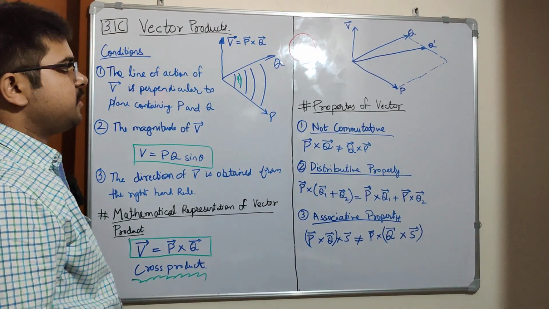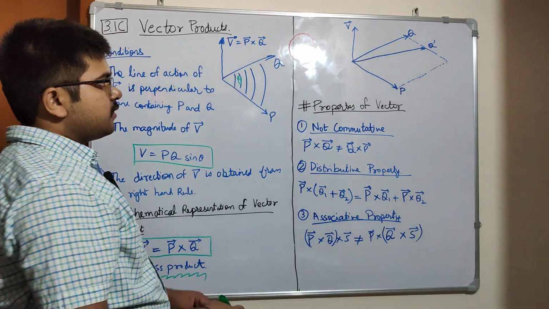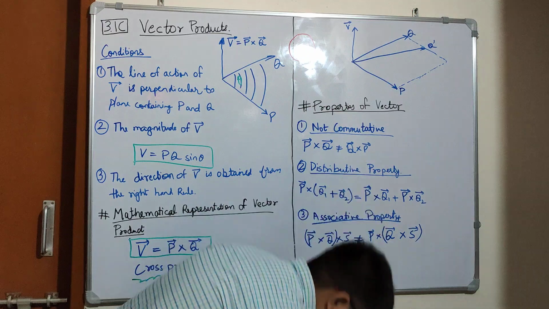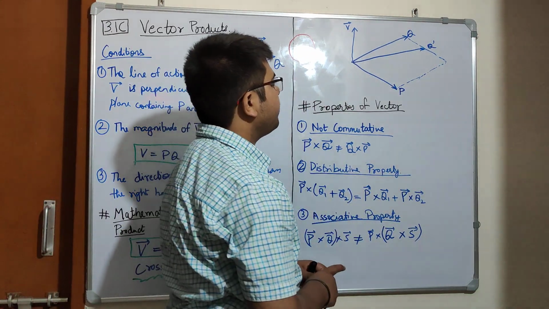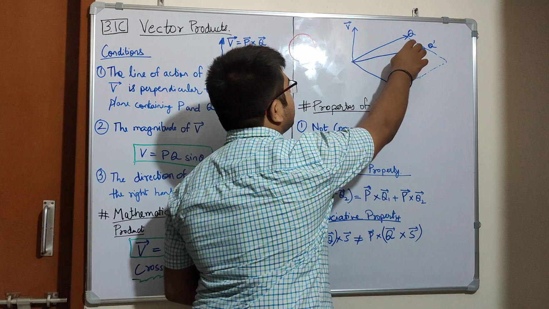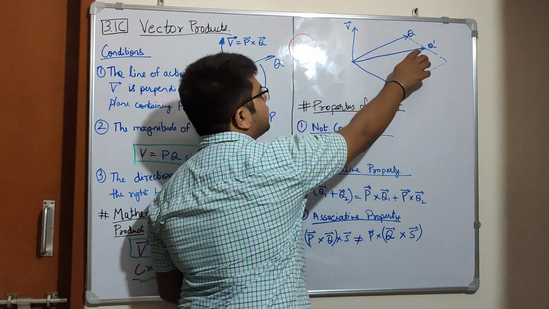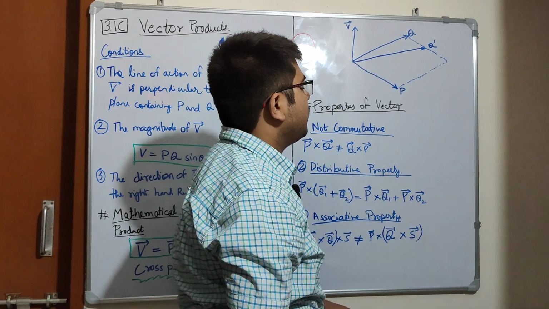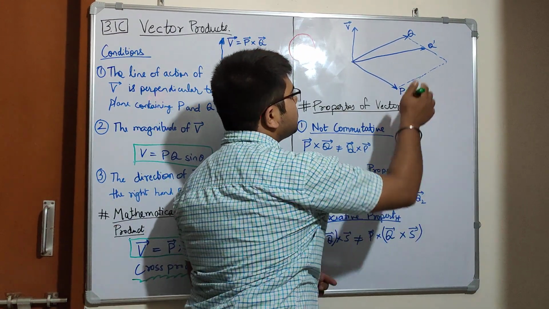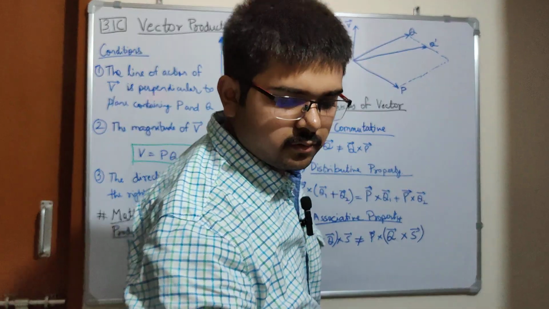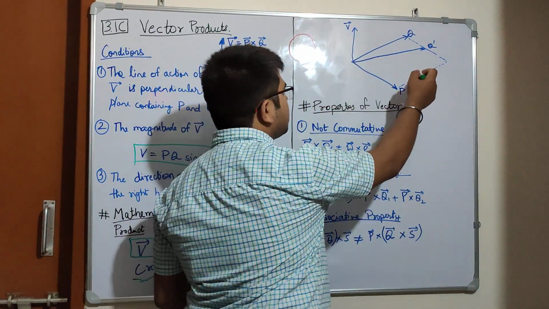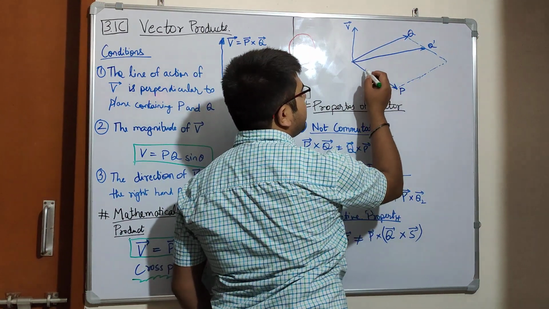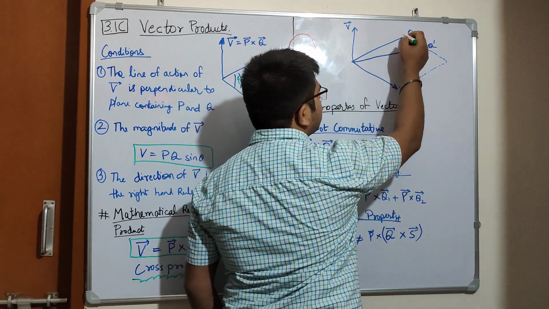Now we will see the properties of vectors. There is a certain property of vectors: if we have p vector and q vector here, and if we replace this q vector by this vector q dash, such that q dash is on the line parallel to p here.